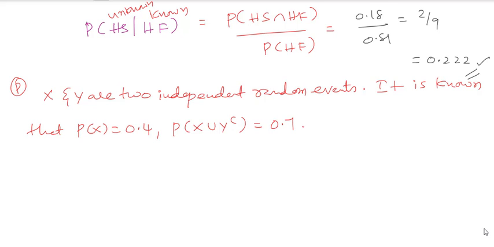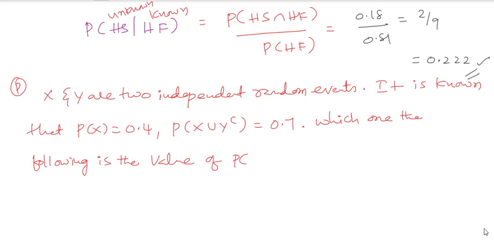Then which one of the following is the value of the probability of X union Y? Option A 0.7, B 0.5, C 0.4, D 0.3. This is the question.